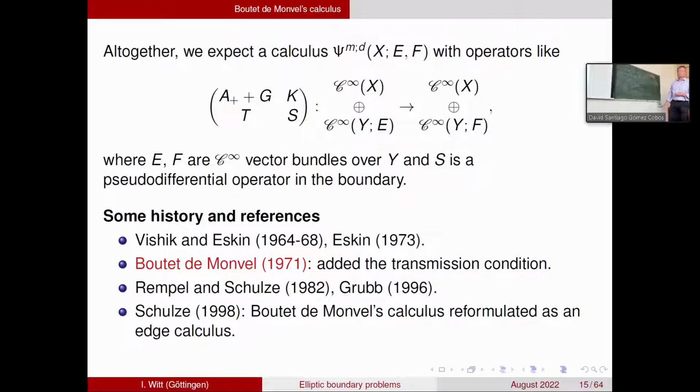He added the transmission condition. Here the transmission condition is missing. And then, as I said before, this was nicely described and written by Michael Schulze's group. And then Schulze actually did one further step. He took the Boutet de Monvel calculus and reformulated it as an edge calculus. That is what I'm going to use here.